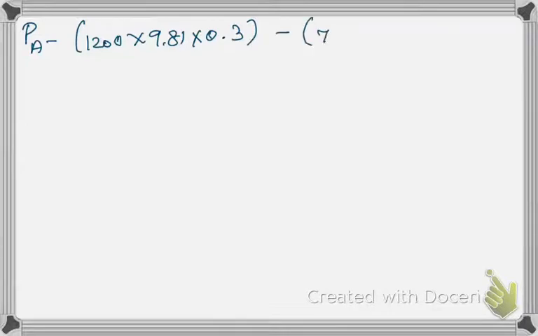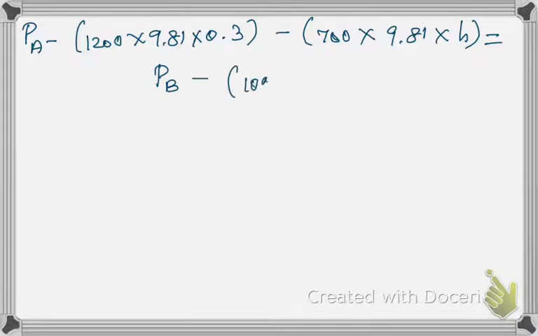Which is PA minus 1200 into 9.81 into 0.3 minus 700 into 9.81 into H, which will be equal to PB minus 1000 into 9.81 into H plus 0.3.